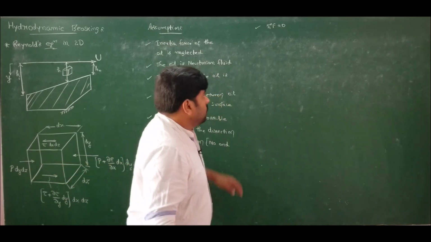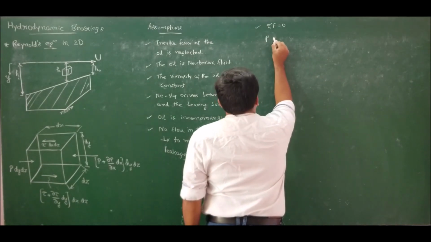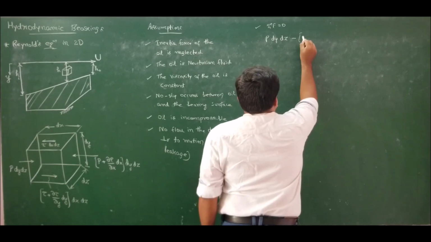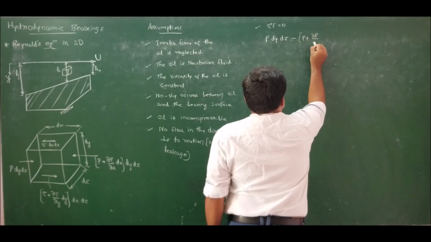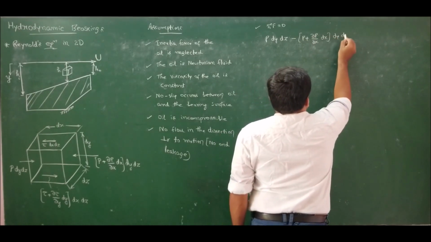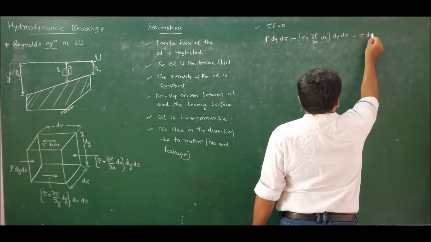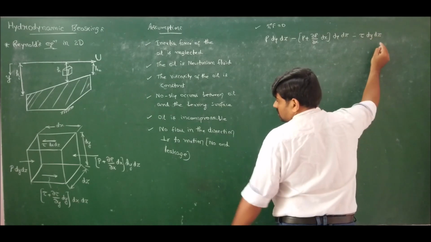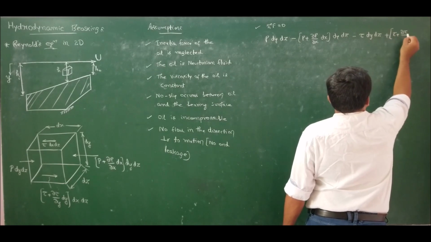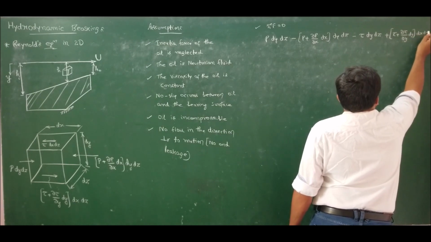So therefore from the equilibrium of forces we have P times dy dz minus (P plus ∂P/∂x dx) dy dz minus tau dx dz plus (tau plus ∂tau/∂y dy) dx dz.